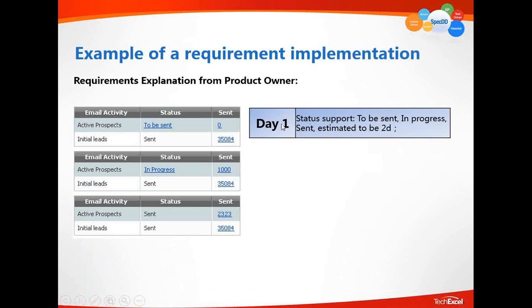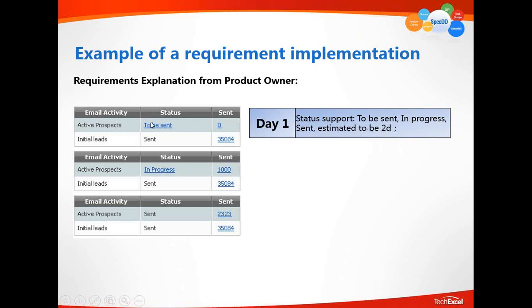On day 1, we create a story or a requirement. We say we need a support status automation. It should support to be sent, in progress, sent, and we believe it's about 2 days of effort.